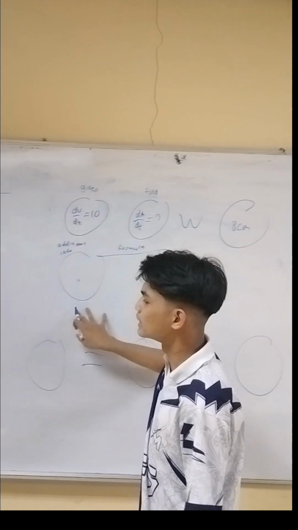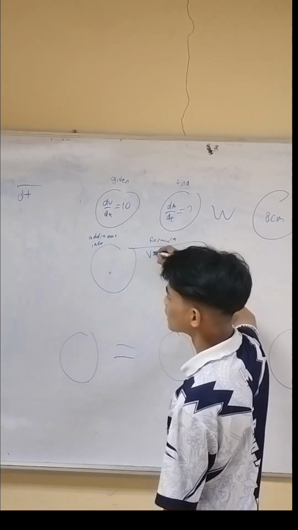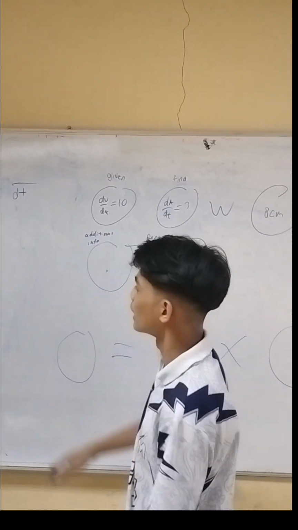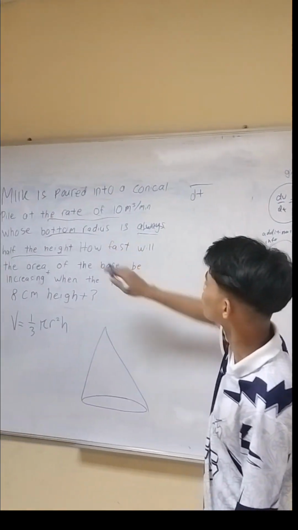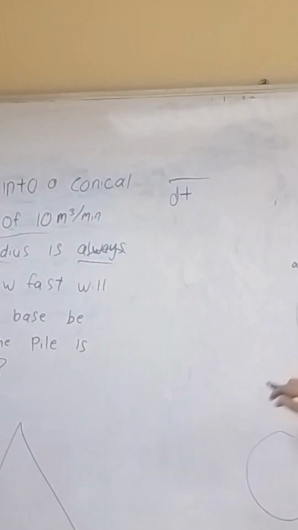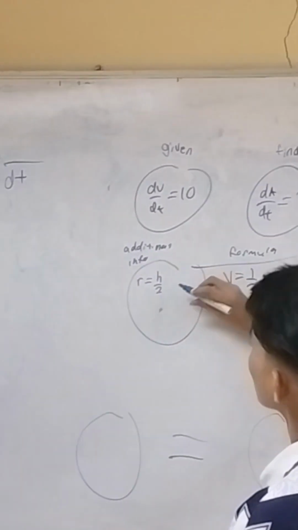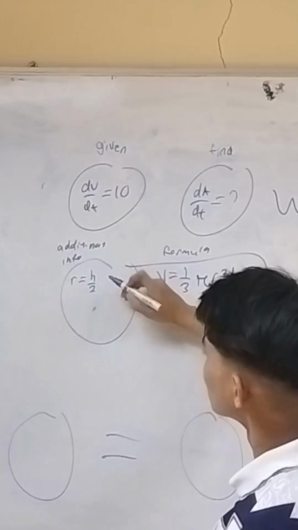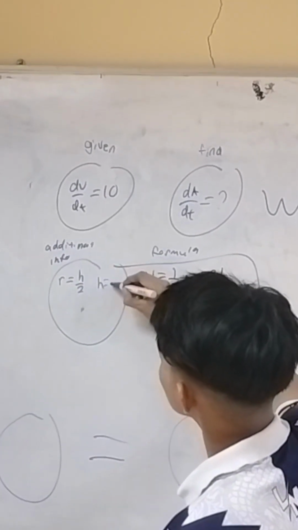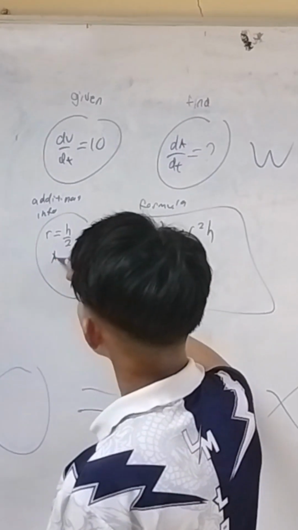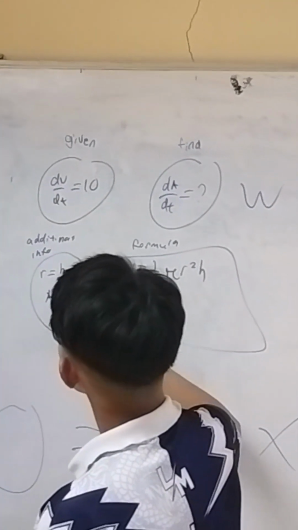The formula is V equals 1/3 pi r squared h, and the additional info is the radius is always half the height, so r equals h over 2, and we can rearrange it to h equals 2r, and the formula for area is A equals pi r squared.